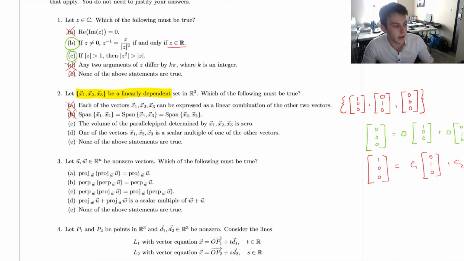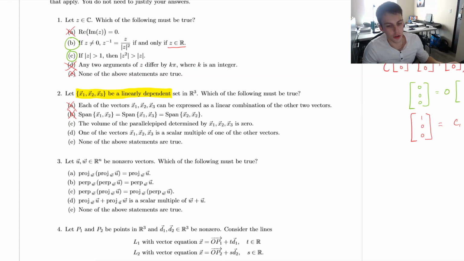Thinking of that geometrically, since we have a linearly dependent set in R3, we are either spanning a line or a plane, right?